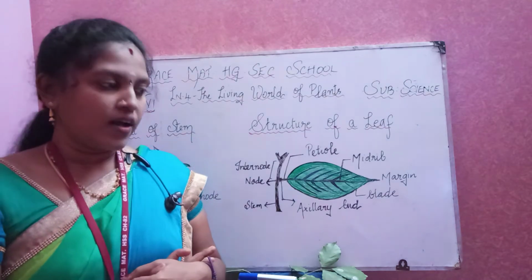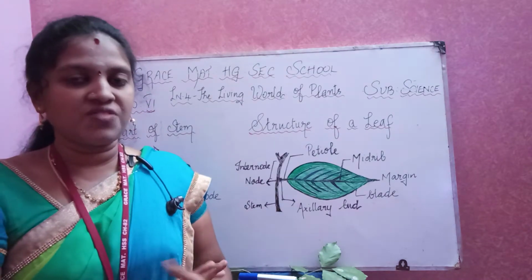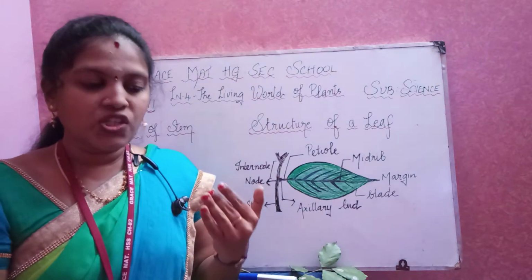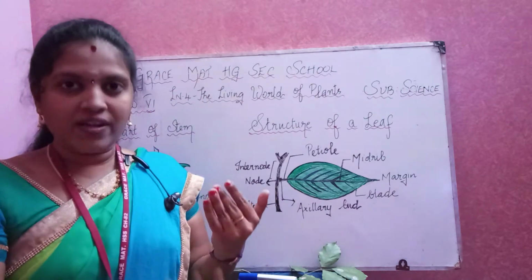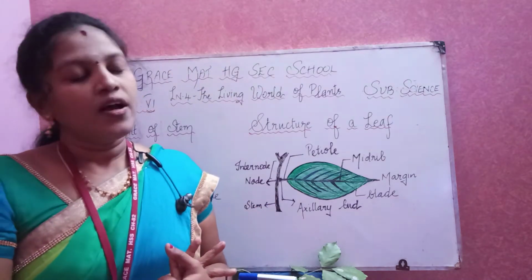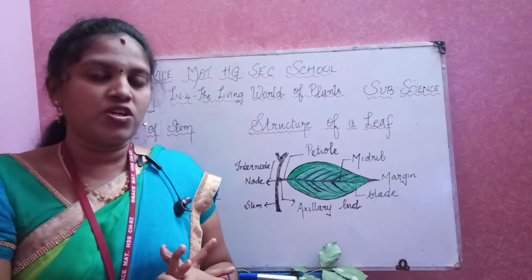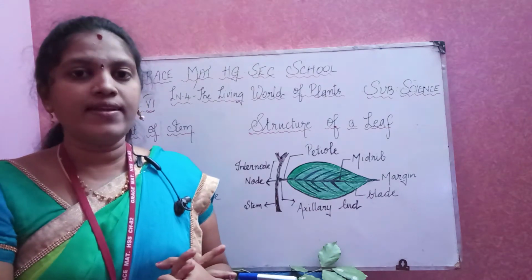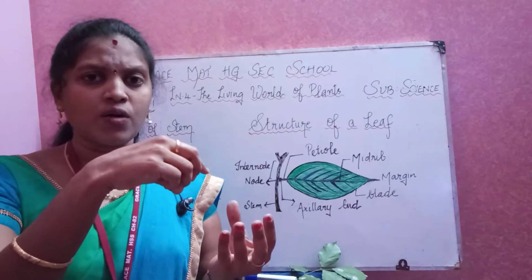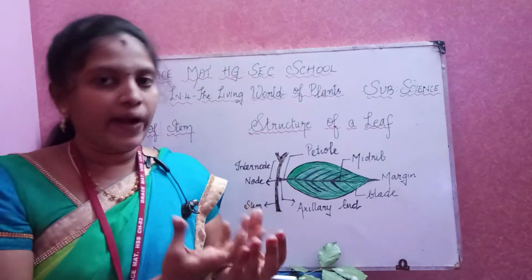Yes, roots always help in fixation and absorption of water. So the conduction of water and minerals takes place in the upward movement. Is it clear, children? You can also perform an activity at home. Take a carrot and keep it in a glass of water filled with drops of red ink.